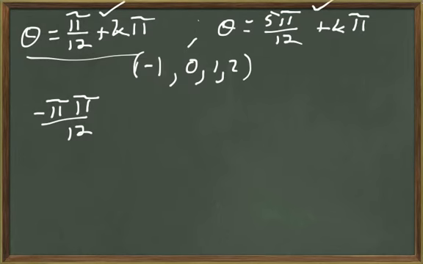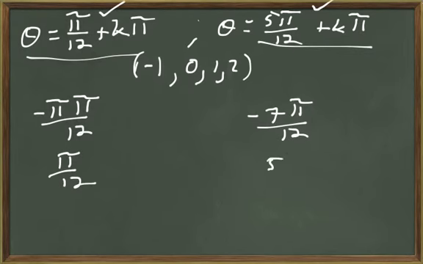If I plug in the -1 to this guy, I end up with -7 pi over 12. Okay? And then when you plug in a 0, you get the same thing. So you end up with pi over 12 and 5 pi over 12.